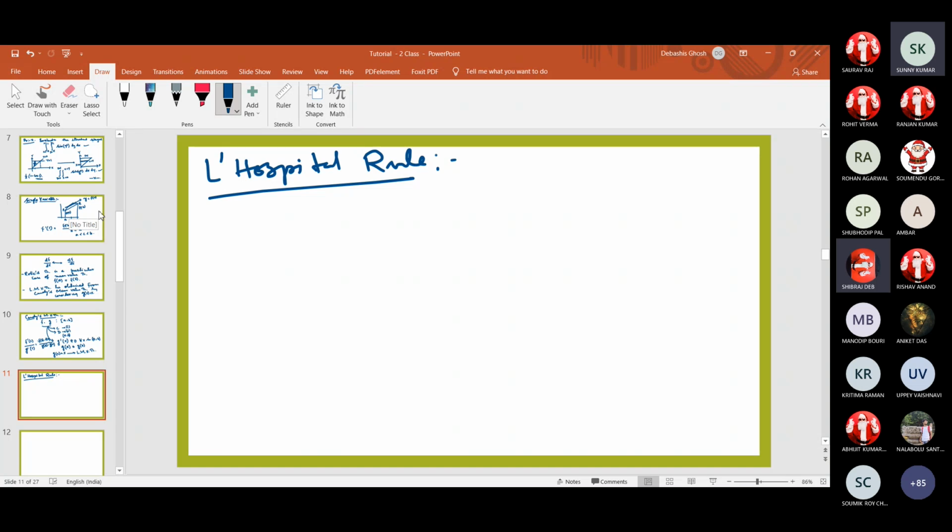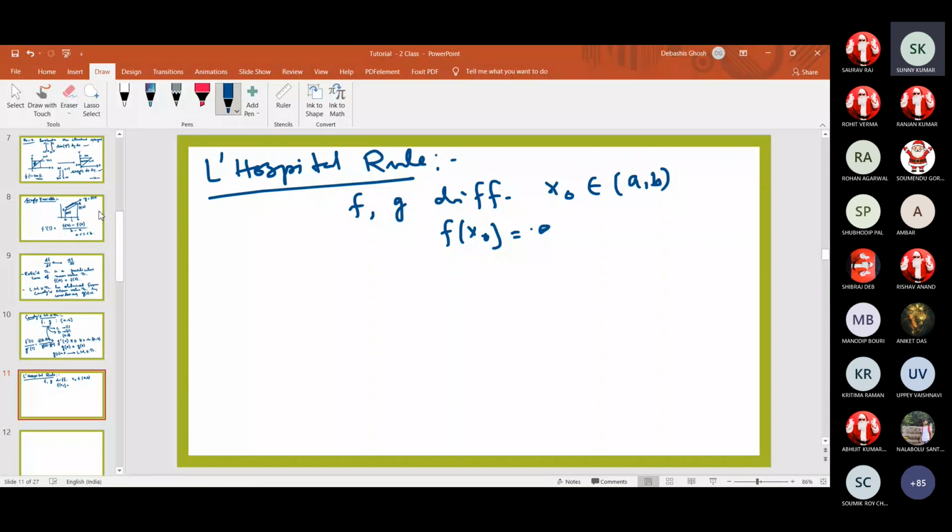Okay, so what this says is that we have the functions f and g which are differentiable over the open interval AB, and we consider a point particularly x0 in between a and b. The function is differentiable, and suppose f of x0 equals g of x0, which is equal to 0. With this, we can also consider that g dash of x0 is not equal to 0.